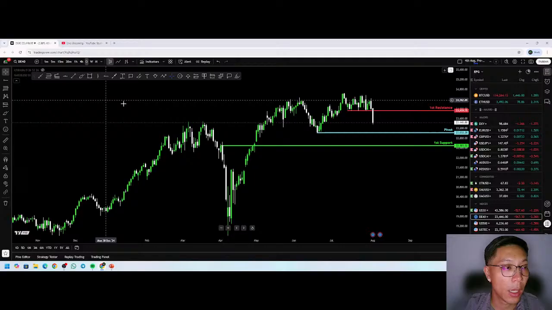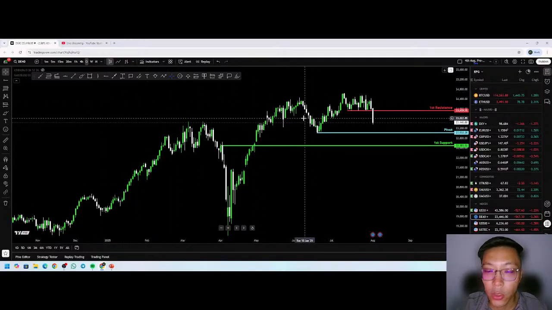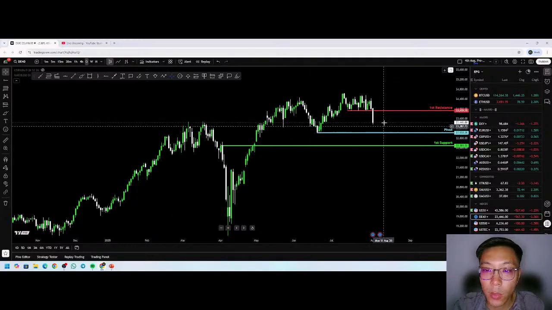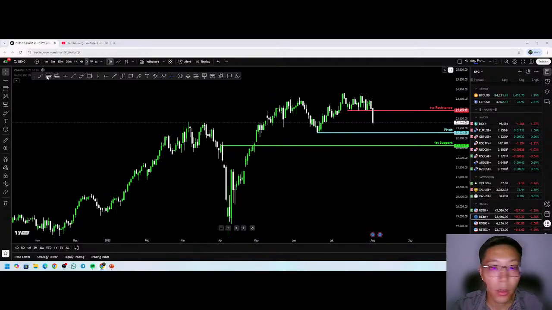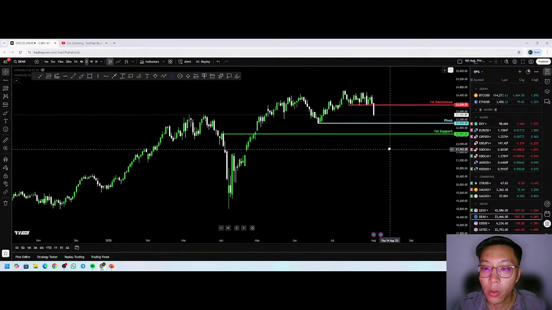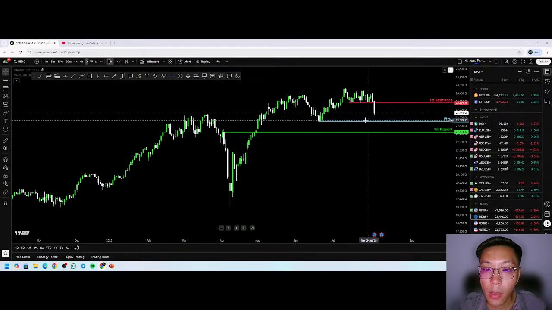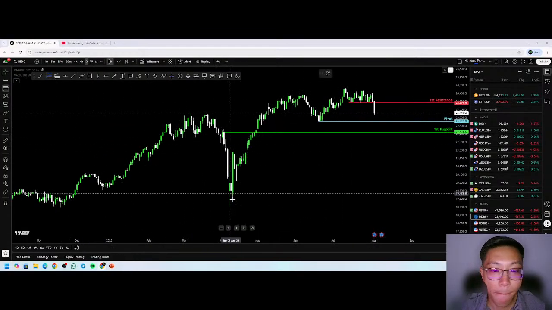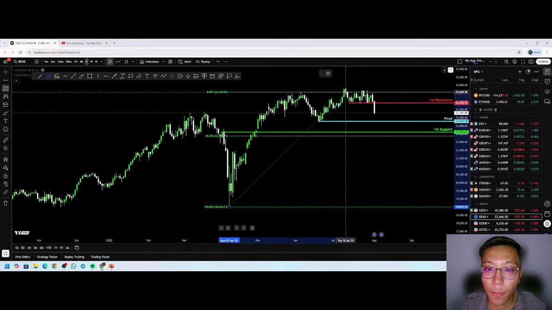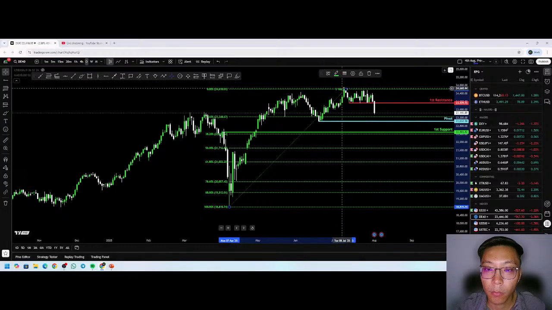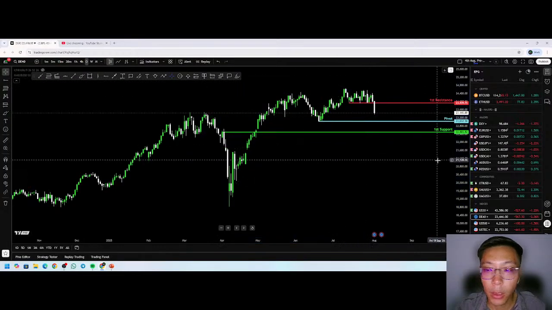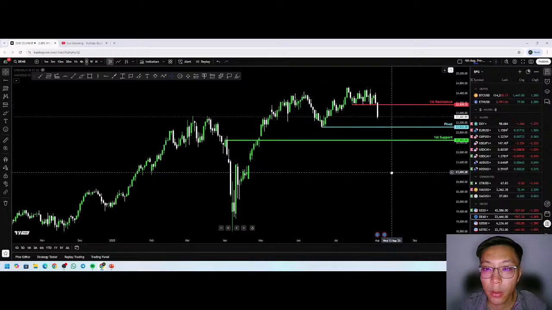So what you are looking at is a potential buy opportunity towards this pullback resistance level. If I'm not wrong, wait, give me a sec. I don't think there's a Fib level.